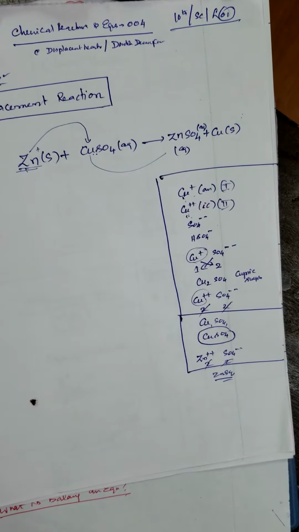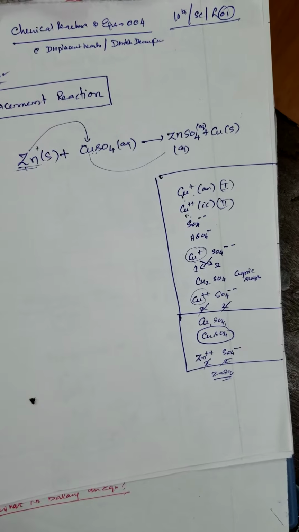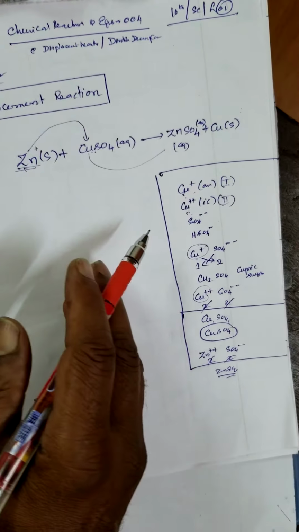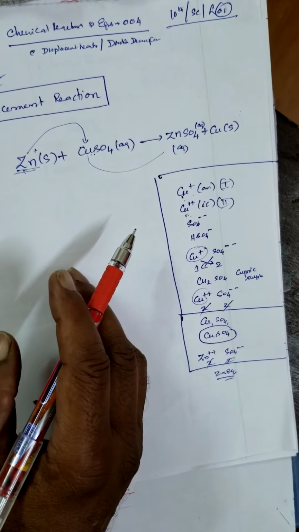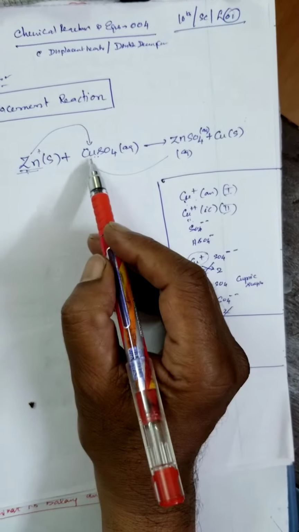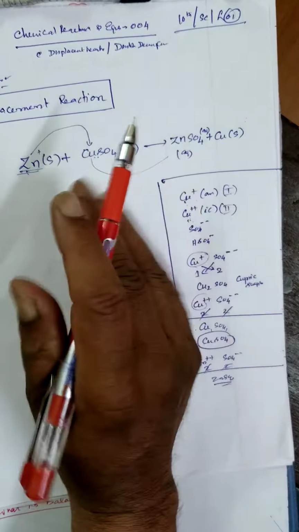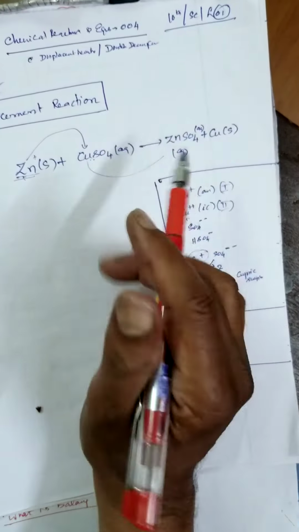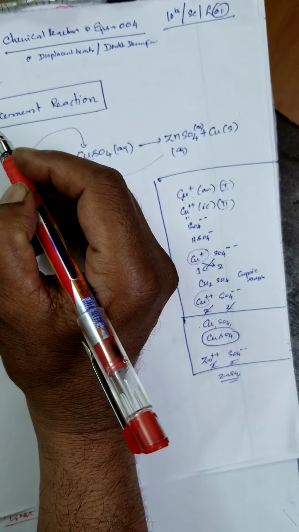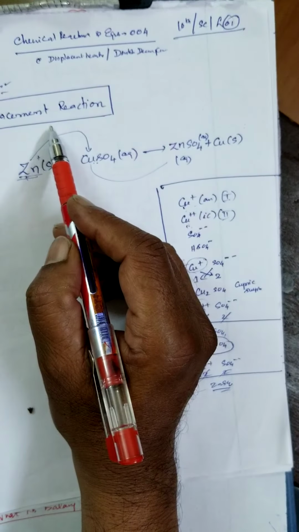And balancing the equation, we have to see now, is it balanced properly or not? Okay. Now here, one zinc is there, 1 copper, 1 sulfur, 4 oxygen, 4 oxygen. They are completely balanced. Therefore, they may ask you the definition. What is displacement reaction?